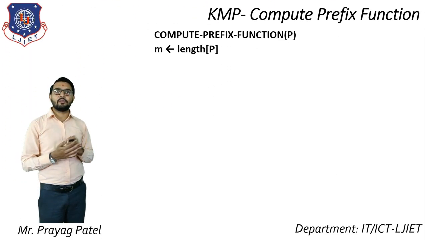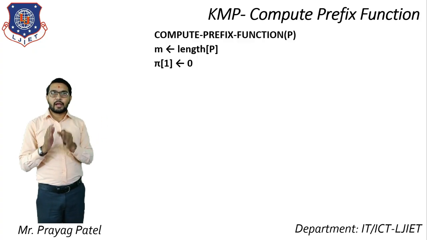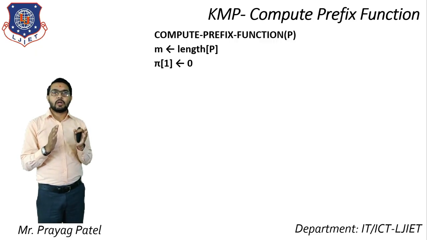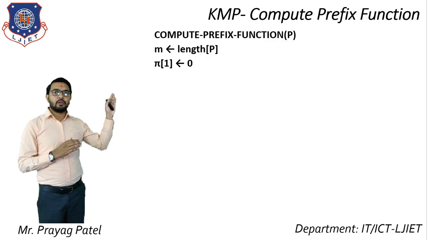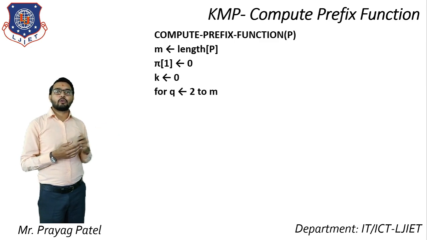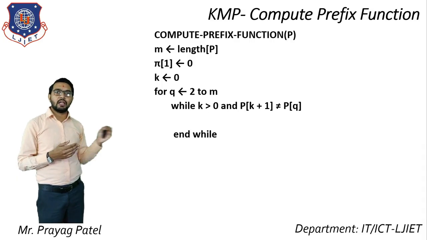Now consider the algorithm for the KMP method. According to this, first we find the prefix table, means the pi table, with comparison of prefix and suffix. That's why we use this algorithm. First m equal to length of p, then pi of 1 equal to 0 initially, k equal to 0 initially. For q equal to 2 to m, now next is the while loop.